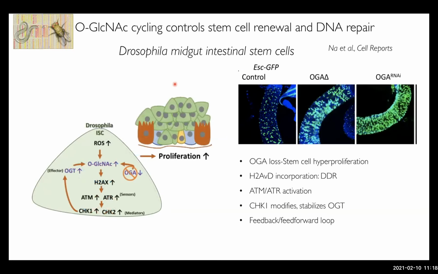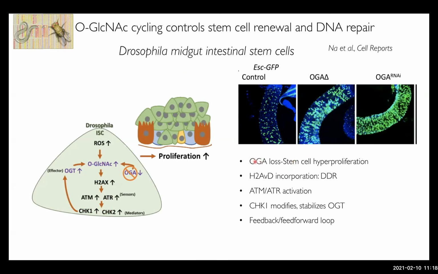So what we found was that when we knocked out the O-GlcNAcase in these fly guts, we got this tremendous dysplasia. That was also true if we carried out RNAi in these tissues. So this led to a massive stem cell hyperproliferation phenotype.